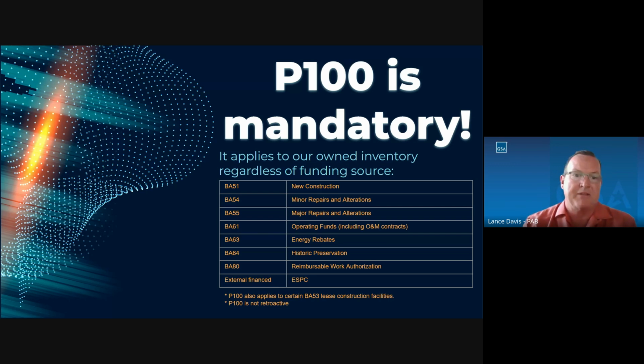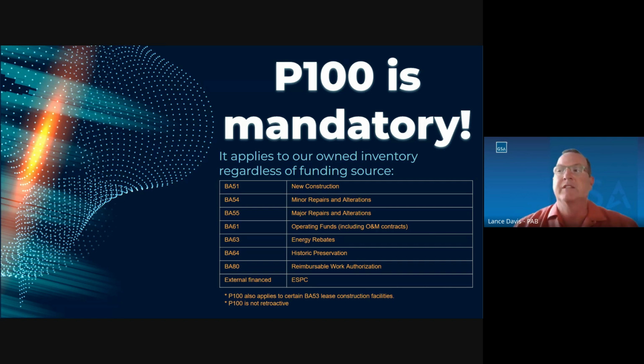Also want to pay particular attention to BA 61 funds. Those are operating funds, and that also includes, and we added this in for clarity because we were getting lots of reports back on this particular item, O&M contracts. So if you've got an O&M contract and they're coming in to replace a pump or to take care of something else, that particular item cannot necessarily be done in kind.